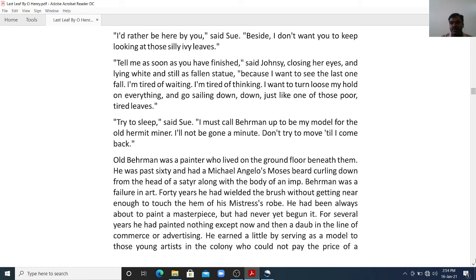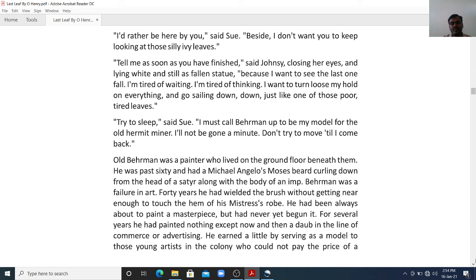Behrman was a failure in art. So he was a person who did not succeed in painting. Forty years he had wielded the brush without getting near enough to touch the hem of his mistress' robe.